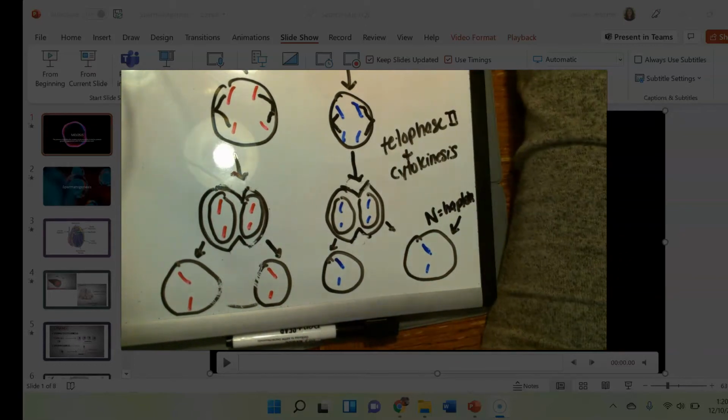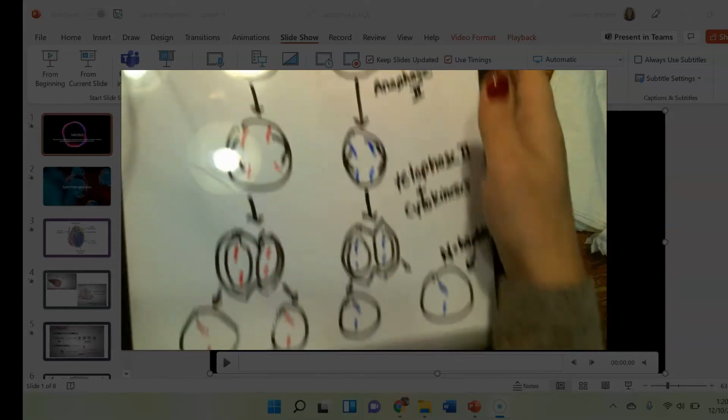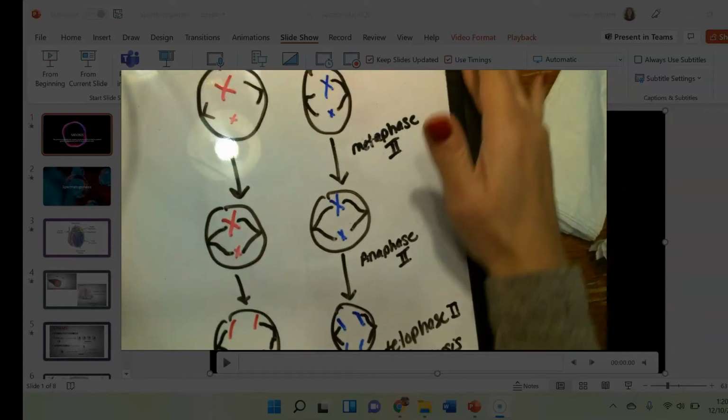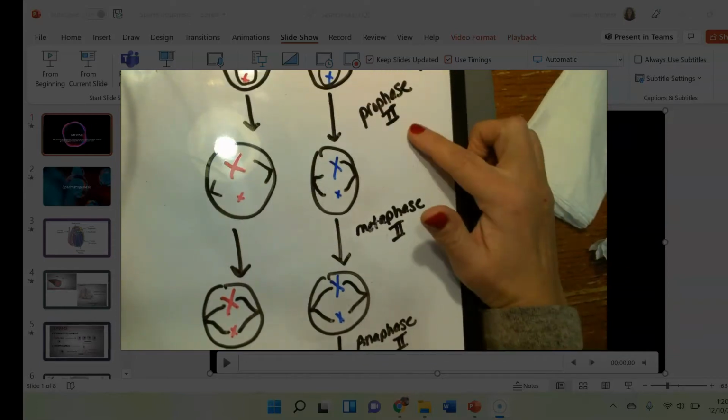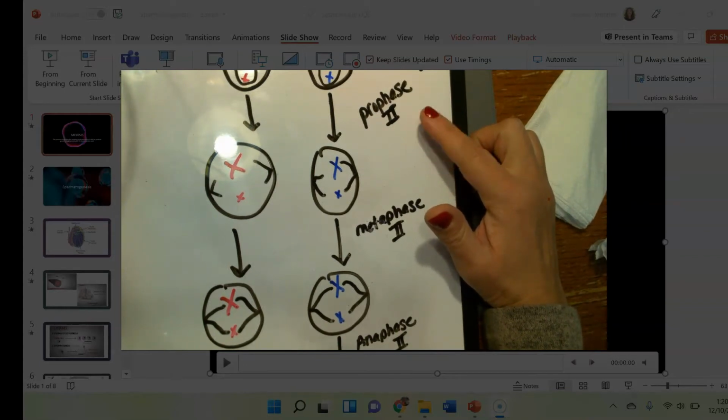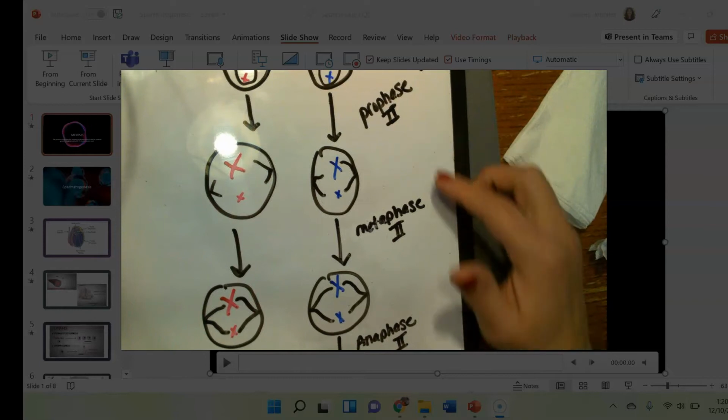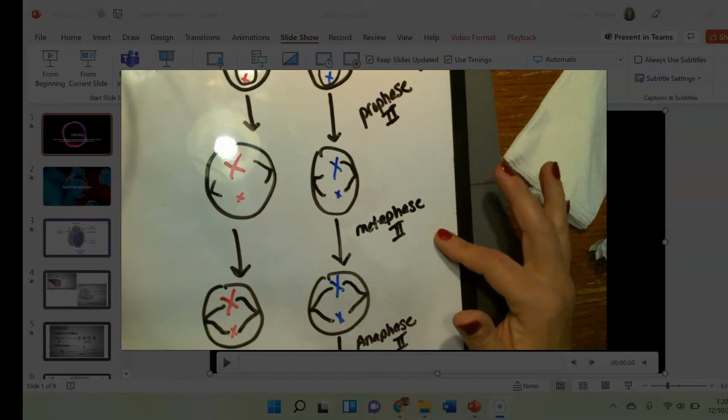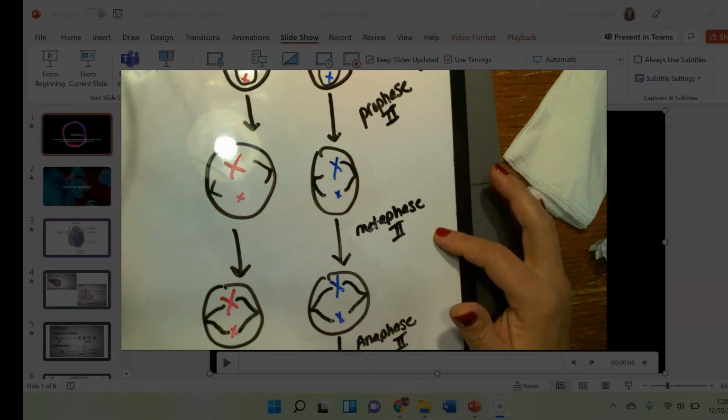But in general, the steps of prophase are the same things that are happening, whether it's mitosis, meiosis I, or meiosis II. The nuclear envelope starts to disintegrate. We get the spindle fibers that are going to start to form. Metaphase is generally the same process. The chromosomes are going to line up along the middle.